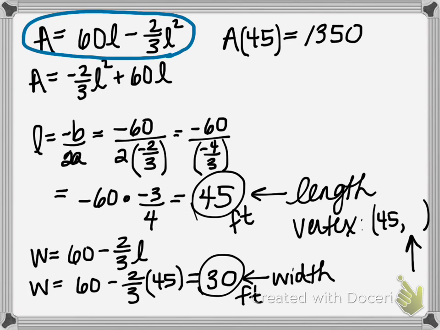And then the maximum area that we can create here is 1,350, and the units for that would be feet squared, or square feet, since that's an area measurement. So the overall dimensions would be a 30-foot by 45-foot rectangle, which will yield a maximum area of 1,350 square feet.